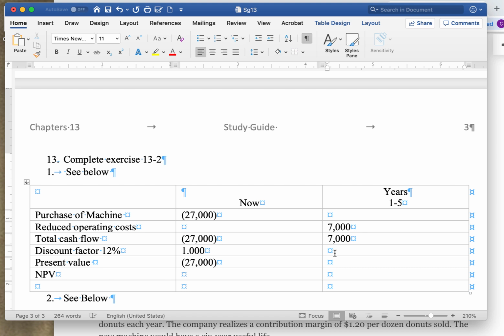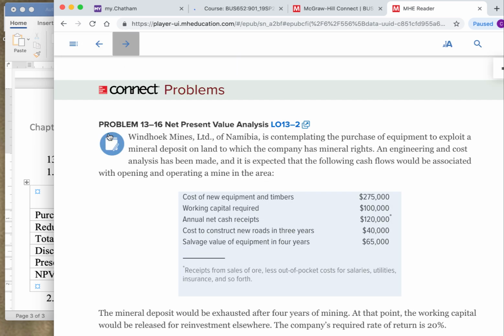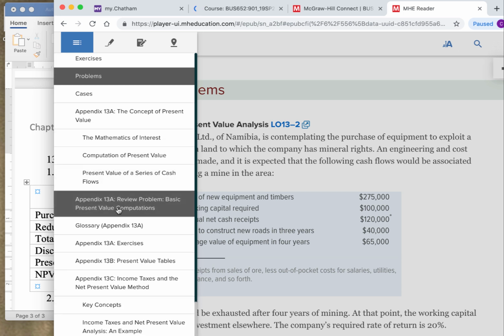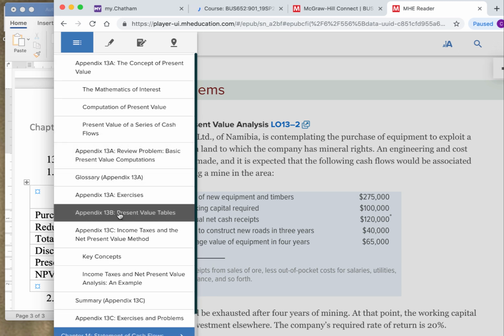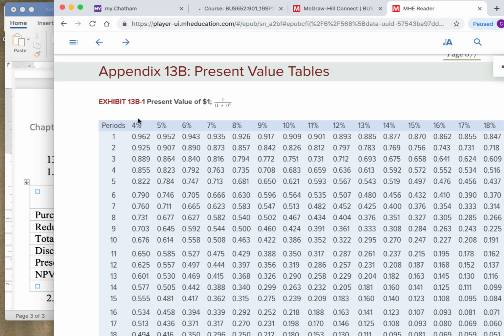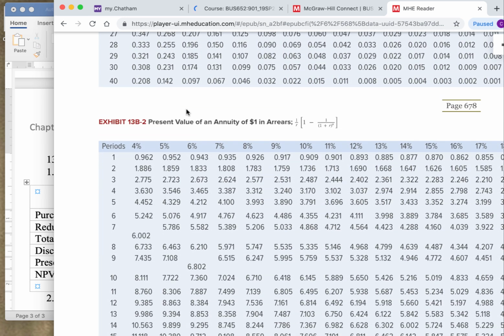Because I know it's an annuity and I know the discount rate is 12%. So I'm going to go to Appendix B to the tables. Remember, table 13B1 is the present value of a dollar, meaning it only happens once. Not going to use that because I have a stream of payments, an annuity.